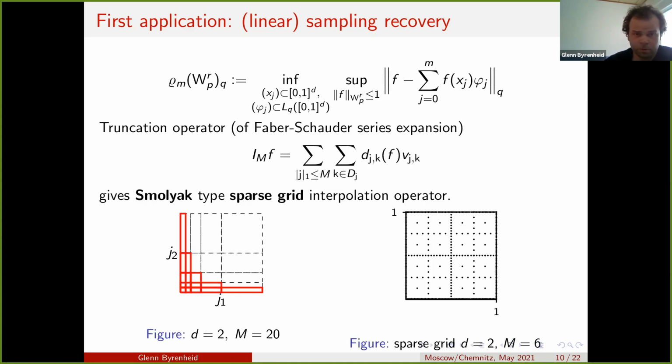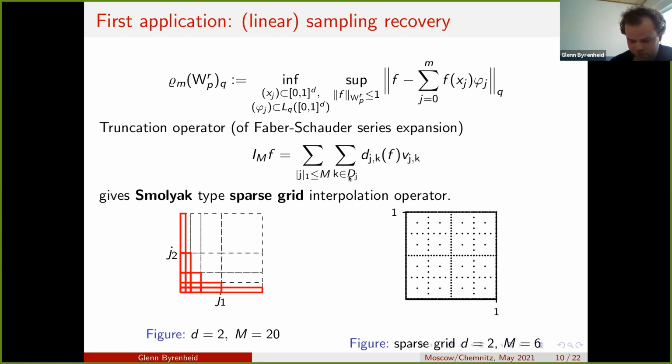And what we want to do now is construct sampling operators by truncation of the Faber-Schauder series. Namely, we do the following truncation, I_m f, where we cut off all levels, or we simply want to approximate a function f only by the levels which have a one norm smaller than m.